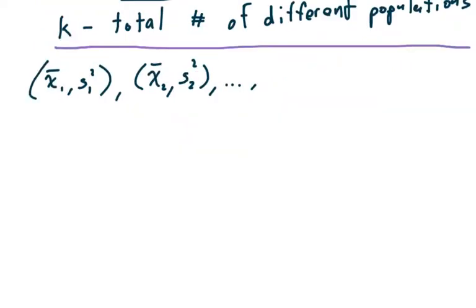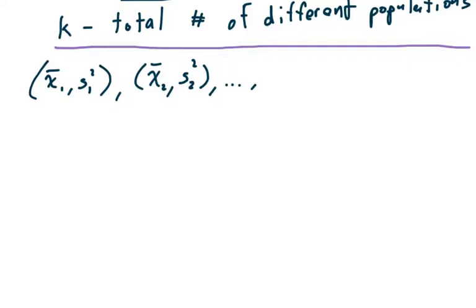The next thing that we have to consider, and this is not new notation, is a computation that we have to do. We have to compute the sample mean and the sample variance for each one of the different populations that we are comparing.